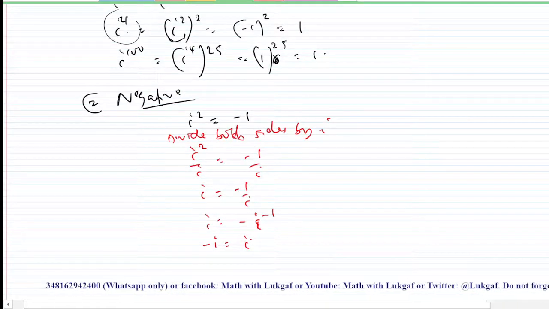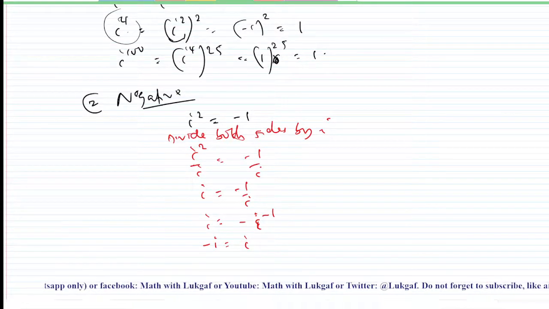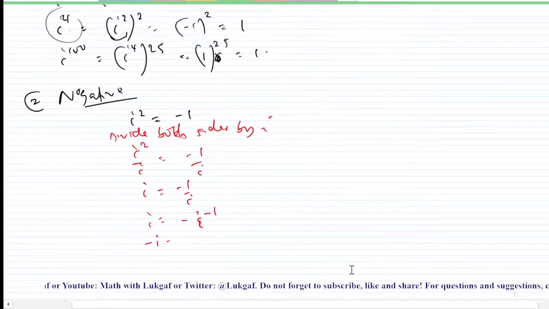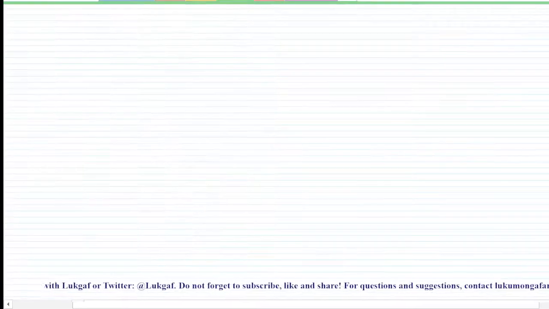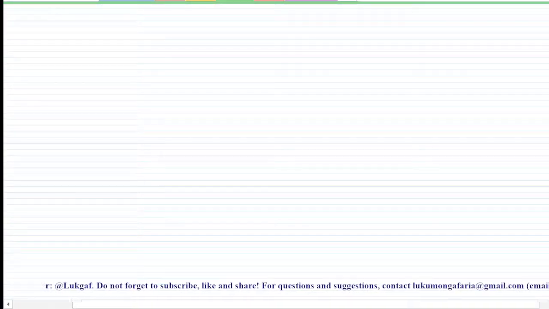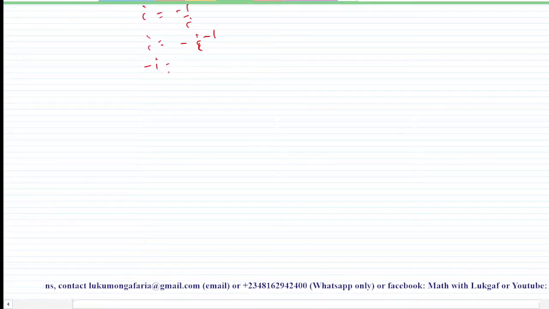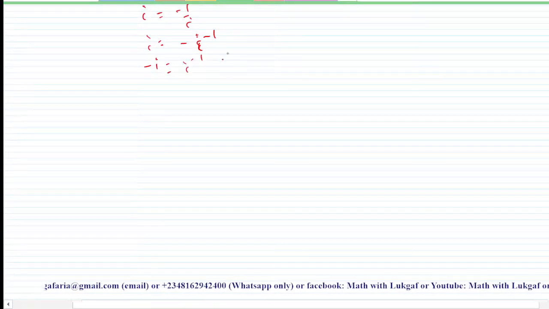Yeah, that's the big mistake. I think I've cleaned it. Apologies. Okay, so this is what we obtain here: minus i is equal to i raised to minus 1.